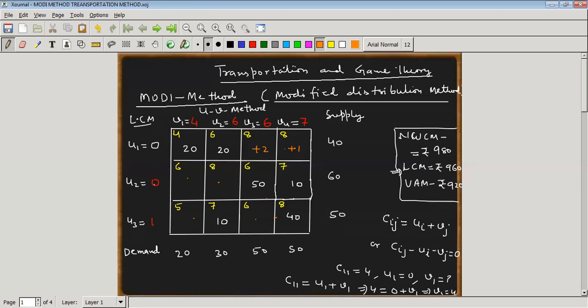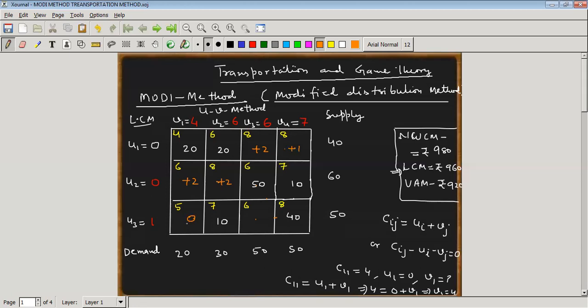Now come to this point: 4 plus 0 is 4, and 6 minus 4 is again plus 2. So here the per unit cost is also increased by plus 2. Next, 8 minus 6, again plus 2. Then 4 plus 1 is 5, and 5 minus 5 is 0. There is no change in the cost.